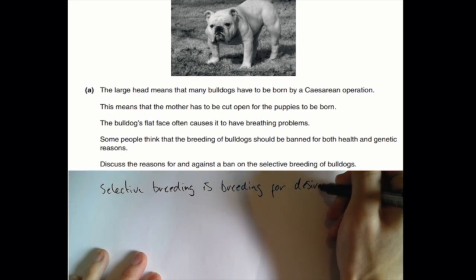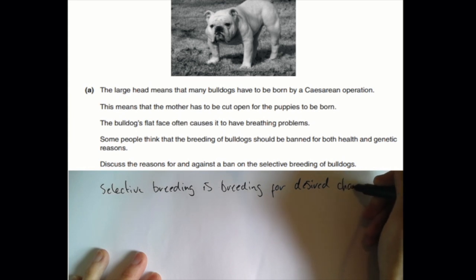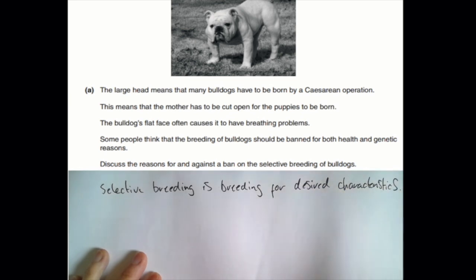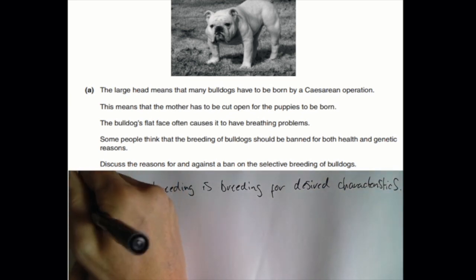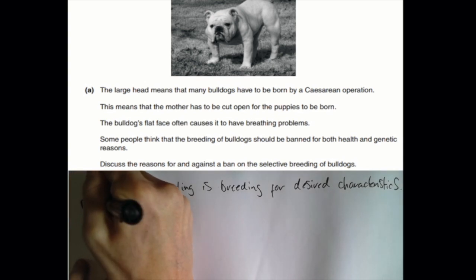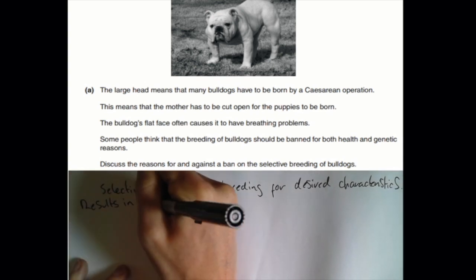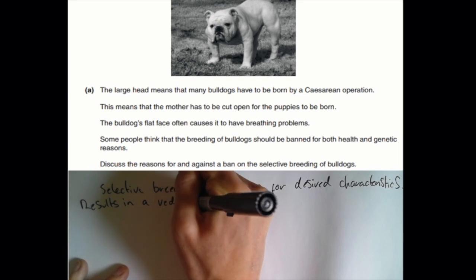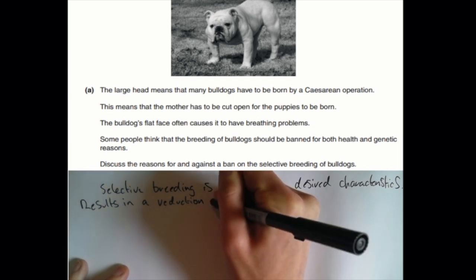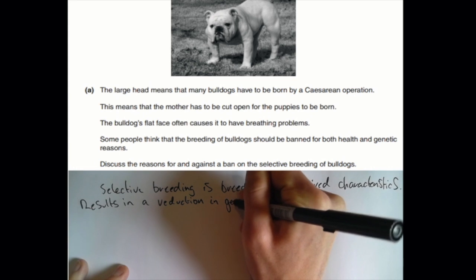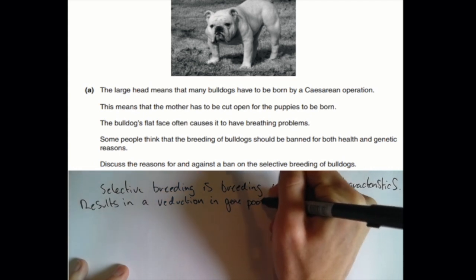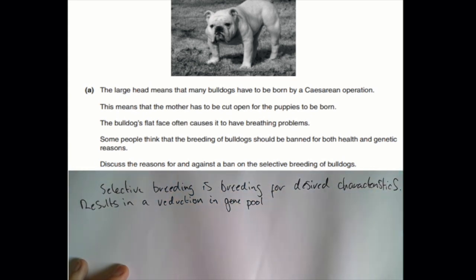Even if you don't get a mark for this, it shows that you know what's going on, which helps you out in the long run. Okay? Then this results in a reduction in the gene pool. And this is a key phrase that shows I'm a top student, I know what a gene pool is, I know that selective breeding reduces it.